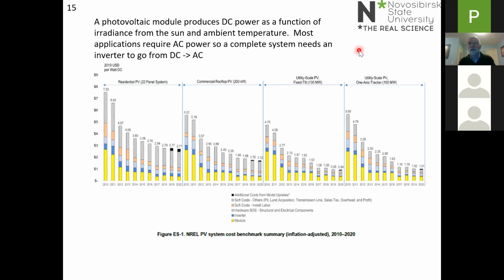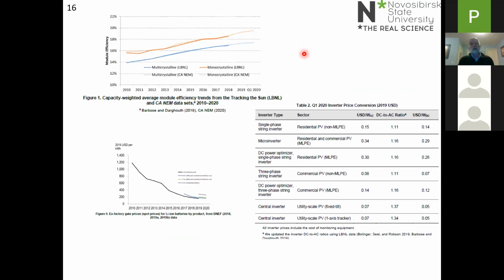Okay, so I need to go to the next slide from here. Some of the features of solar power. On the top left, how the typical efficiency of a PV module has changed over the last decade. You can see there's an upward trend depending on the particular technology of the PV system.